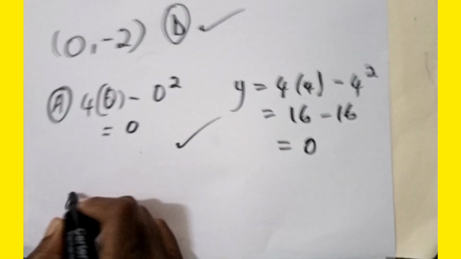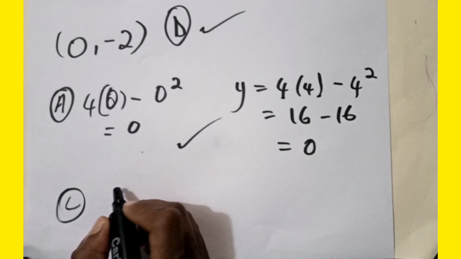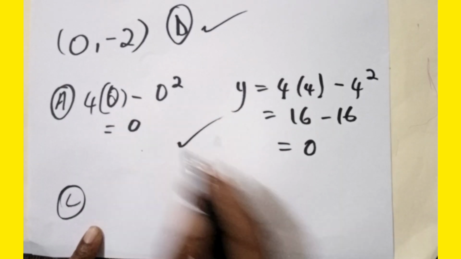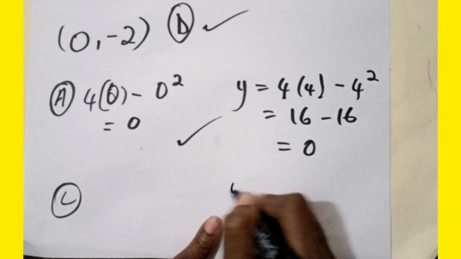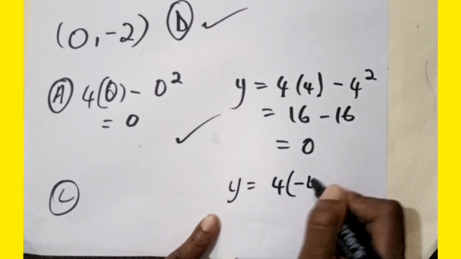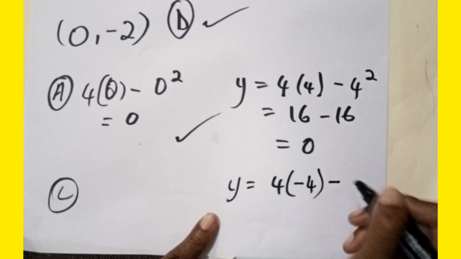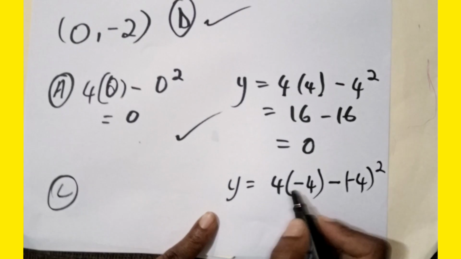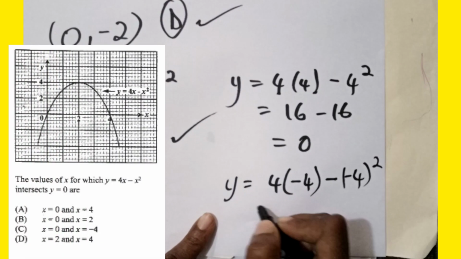So the next, if you want to double check, you could probably check another option. That's if you have time or you're going over your paper and things like that, you can check another option just to make sure. But by now you should be able to look at your graph and tell these points.